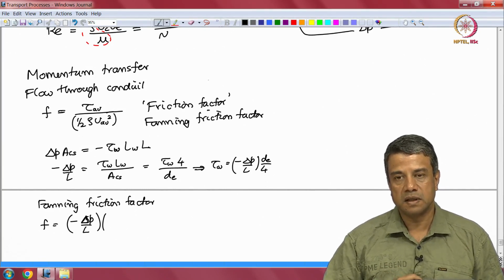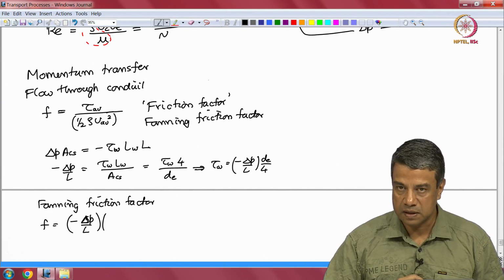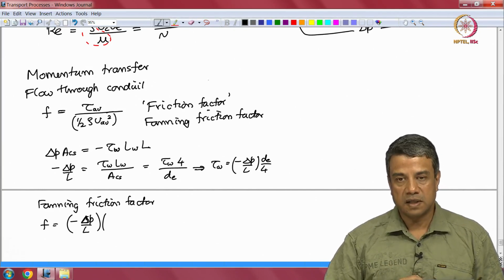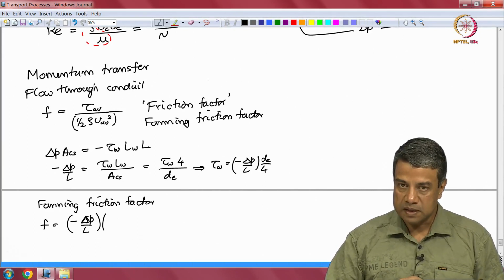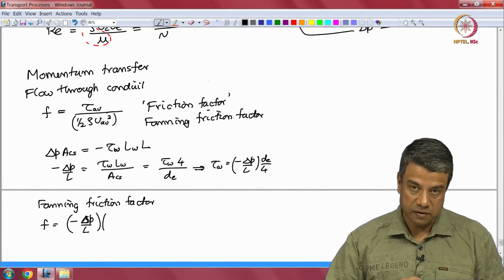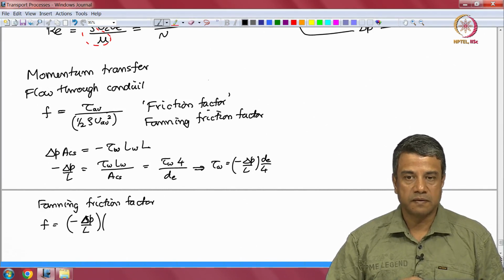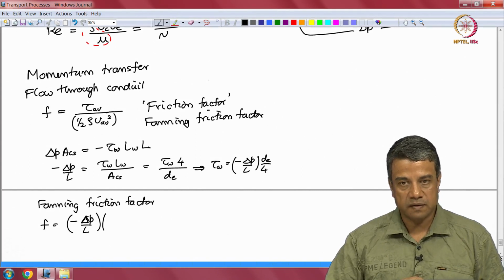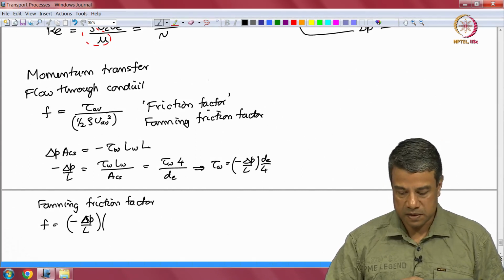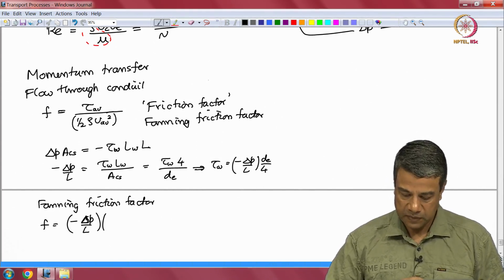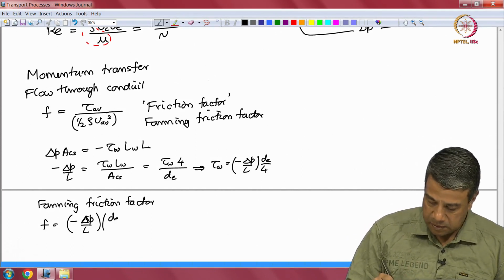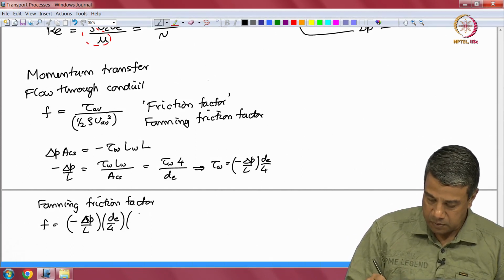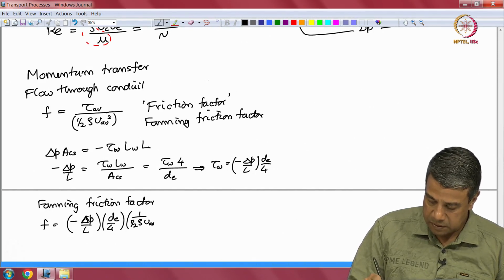So delta P, P outlet minus P inlet, is negative and minus delta P is a positive quantity.